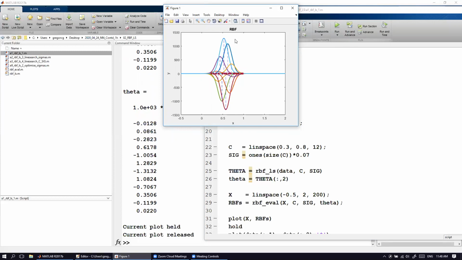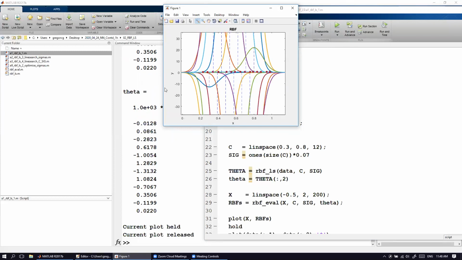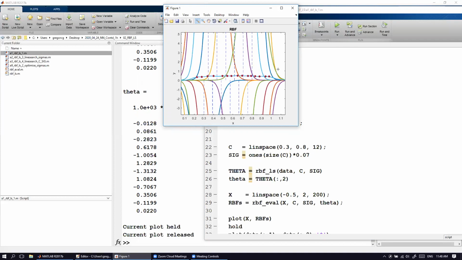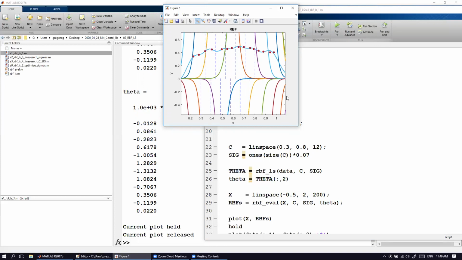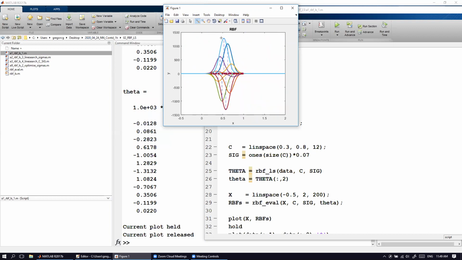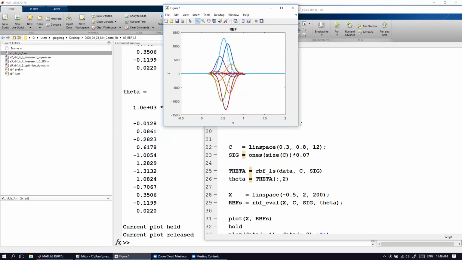We increase the number of neurons again to even more. So what we get is an approximation, which is now actually a very good approximation, I would say. However, look at the weights. They go up to the regions of thousands, plus and minus, which means they cancel each other out.